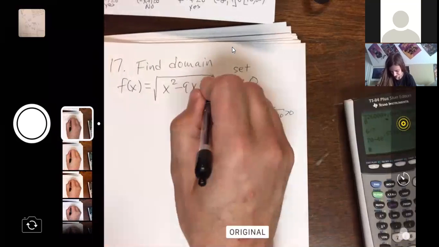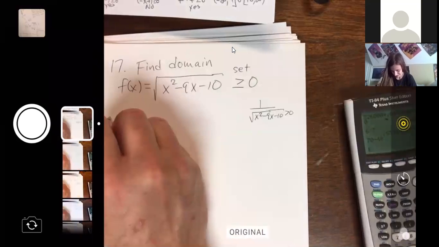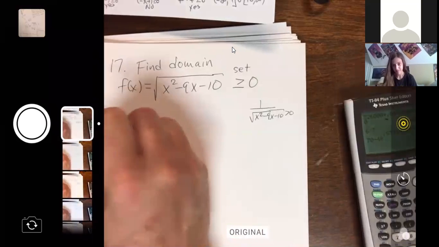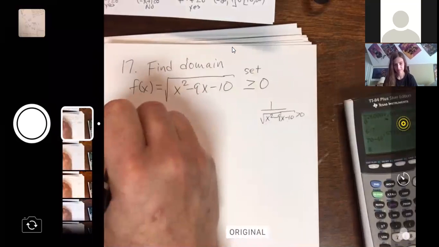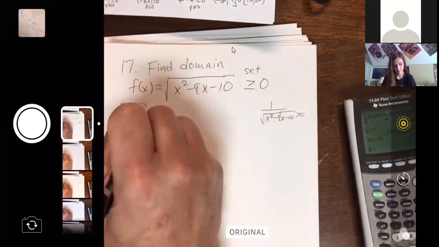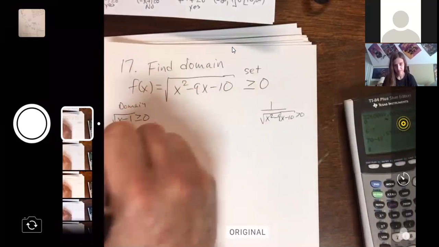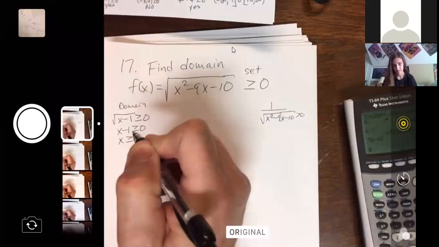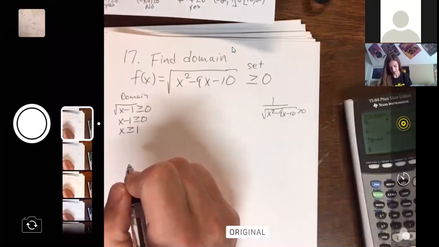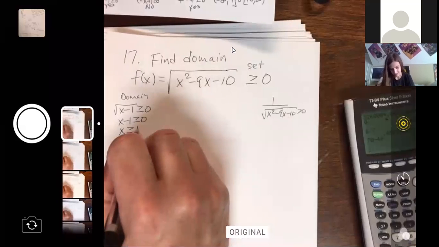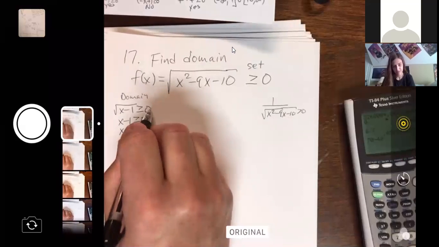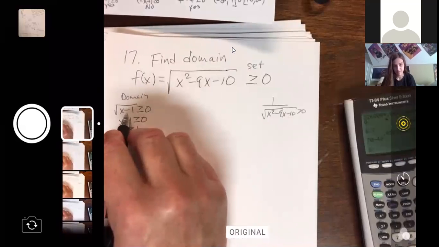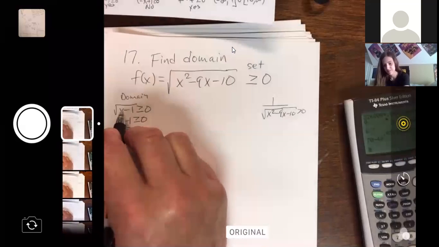Yeah, it's square root. If I had a really simple one, the square root of x minus 1, and I want the domain, then I set it greater than or equal to 0. Well, x minus 1 greater than or equal to 0 means x is greater than or equal to 1. Trying to remind you what domain means. I can only stick in numbers 1 or bigger because they'll give me a real root.